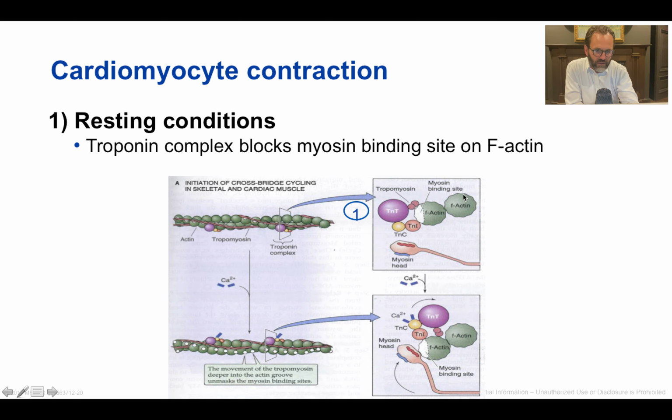The myosin binding site is unavailable because of the troponin complex on this bead of tropomyosin, blocked by troponin I, the inhibitory part.